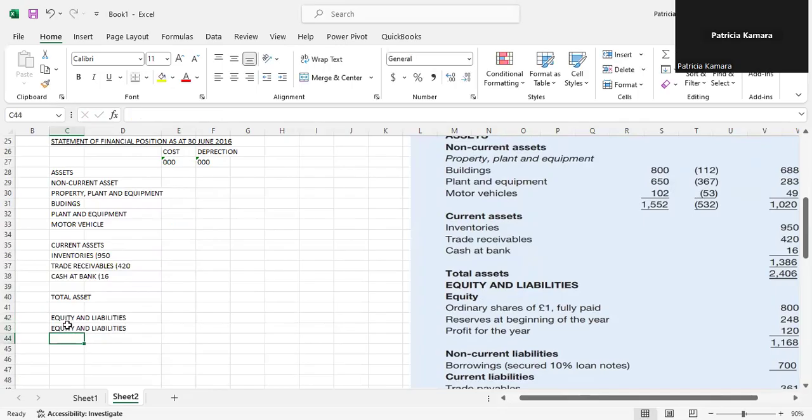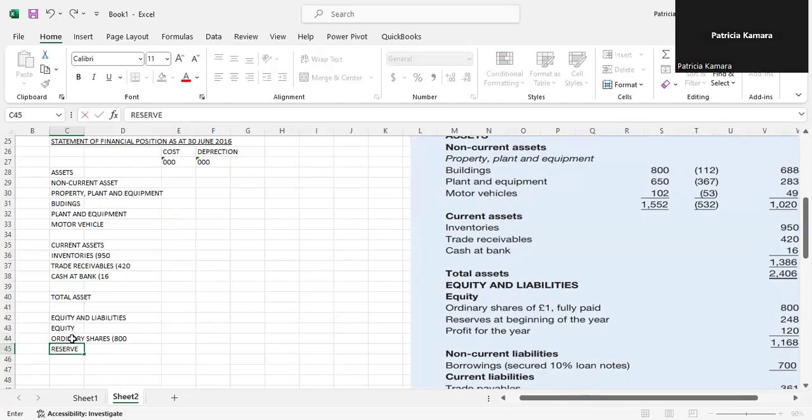We'll start with equity first. And then within equity, we have been given ordinary shares fully paid. And this has been given as 800. We have reserves.